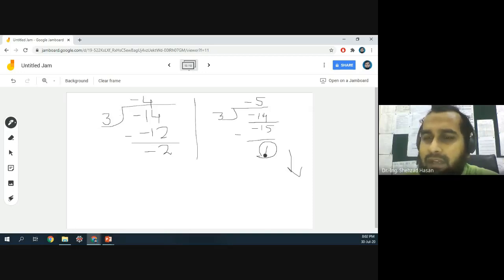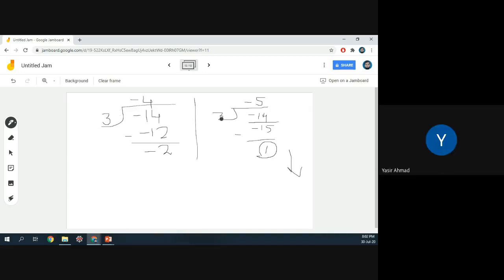How can we make it negative? Because of the remainder and the divisor here, 3, right? So in simple terms, the quotient and the dividend sign should not be the same. It should be different.